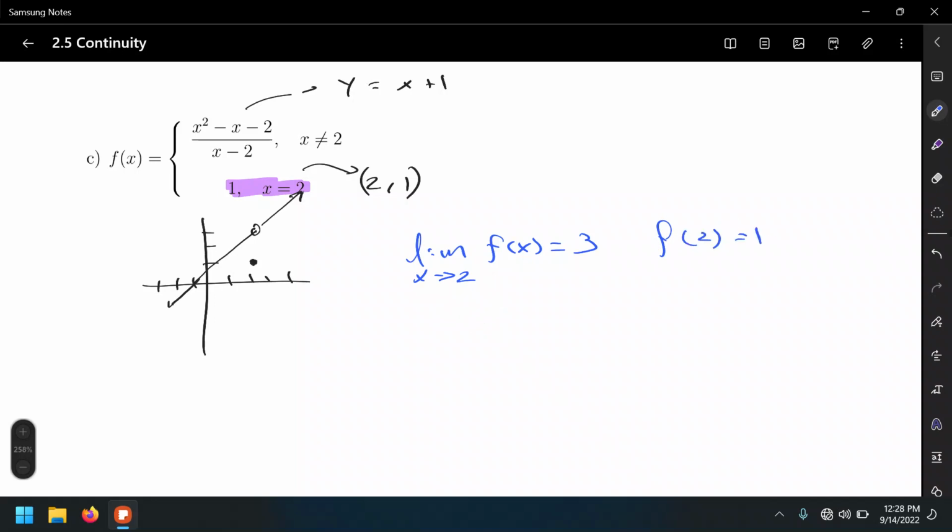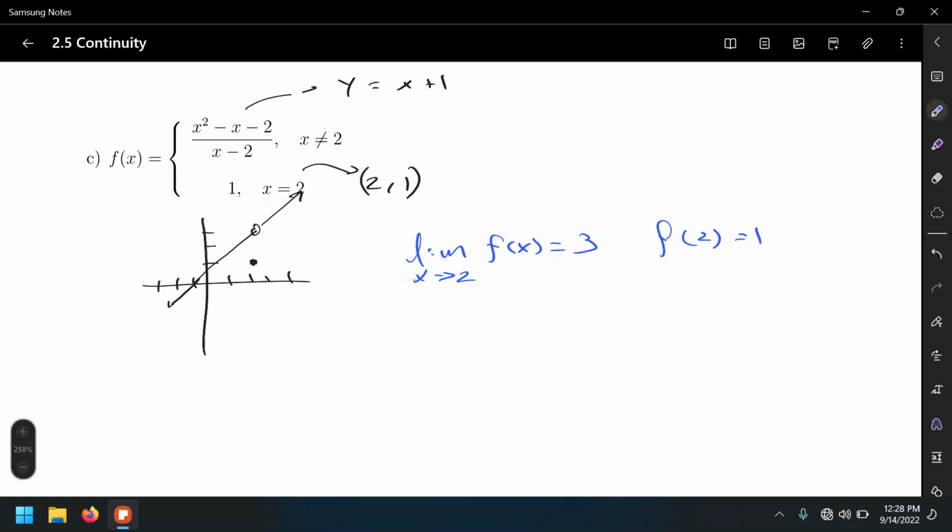Do these two quantities agree? No. Do we have a continuous function? No. It's not DNE. Separately, the limit exists and the function is defined. However, because the two values disagree, our conclusion here is that the function is not continuous, or it's discontinuous at x equals 2.